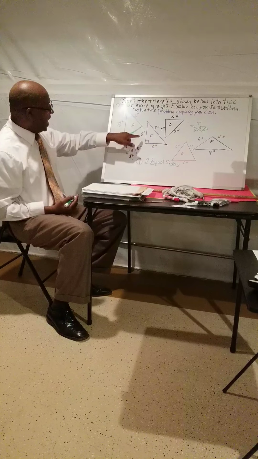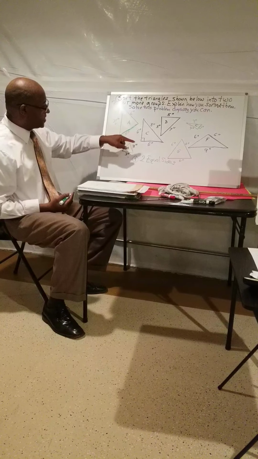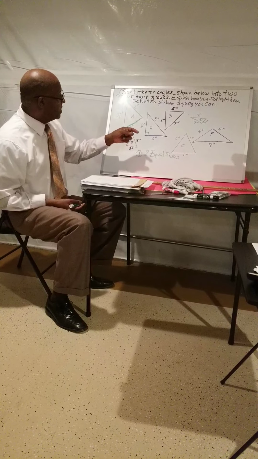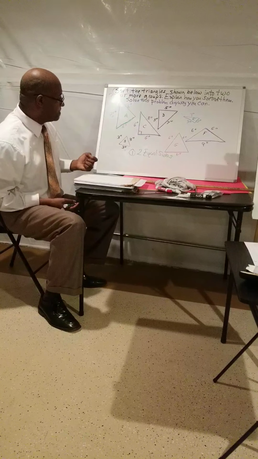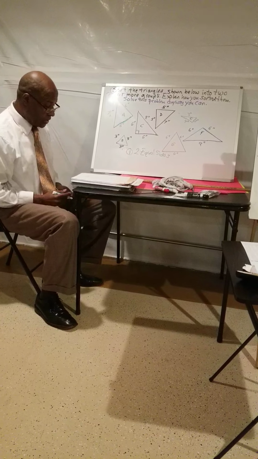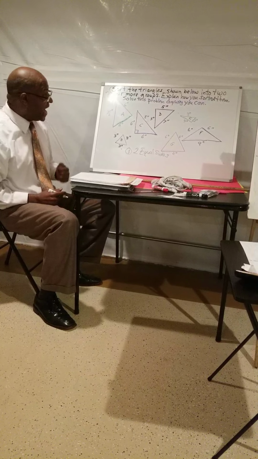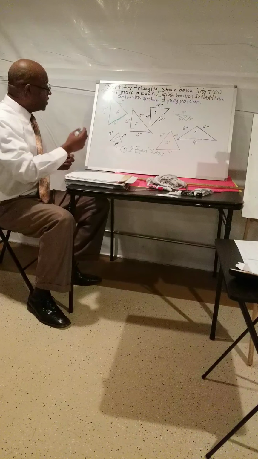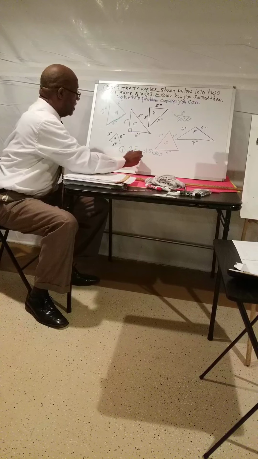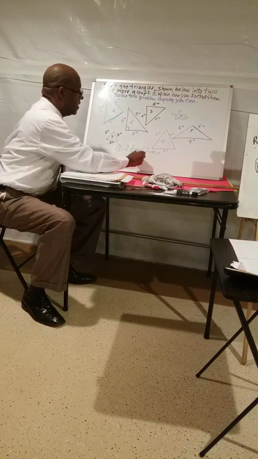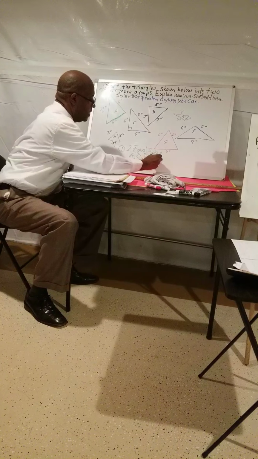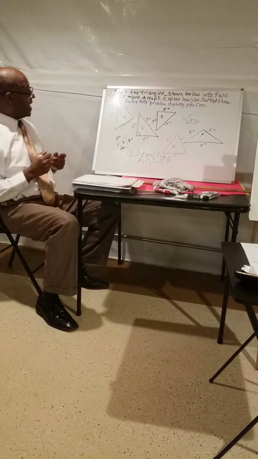Triangle C has two sides the same, 6 inches and 6 inches. Triangle D has two sides that are the same, 5 inches and 5 inches. And triangle F has two equal sides, 6 inches and 6 inches. Okay, so if that was the case, you would put triangle A, C, D, G, F, right? Okay, that could be an example.